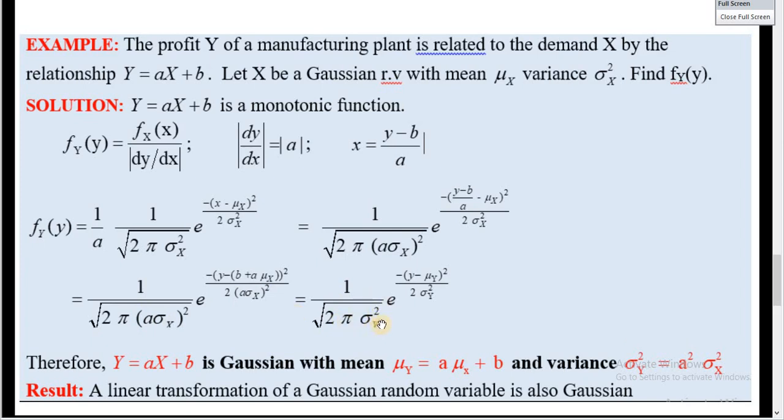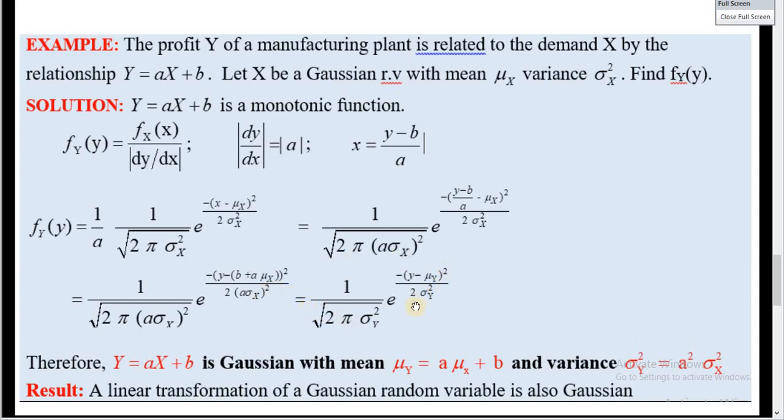So we call this sigma y squared. So we have 1 over square root of 2 pi sigma y squared, e to the minus y, this is the mean value of y, squared over 2 a sigma x squared, sigma y squared.